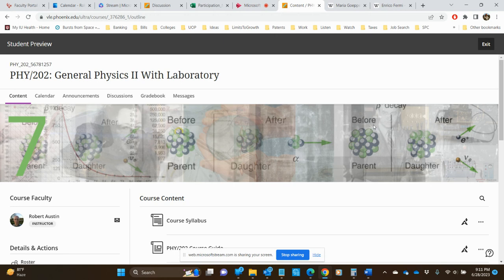And then Enrico Fermi is one of the great physicists of the 20th century. He described the statistics of particles with non-integral spins, like the electron. Those are called fermions.